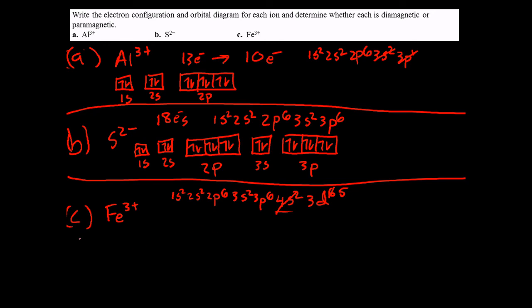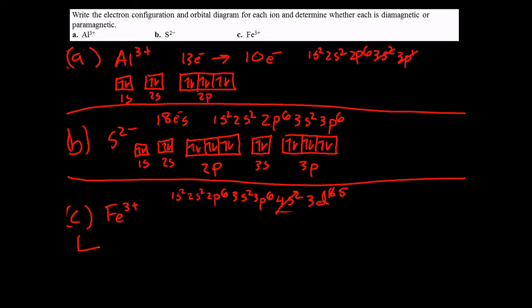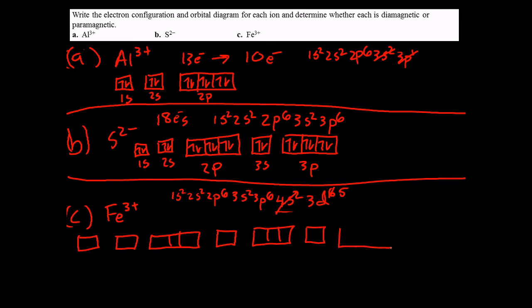So then my orbital diagram is going to be, boy, that's kind of small. Let me do that again. So it's going to be 1s, 2s, 2p, 3p, 4s, 1, 2, 3, 4 lines gives me 5 different orbitals.